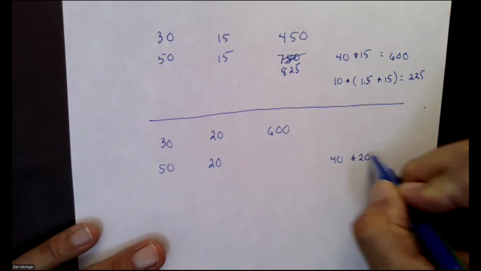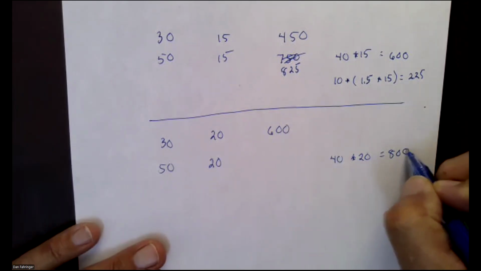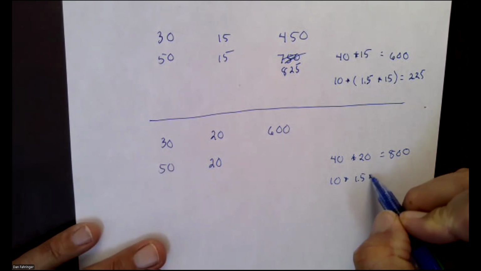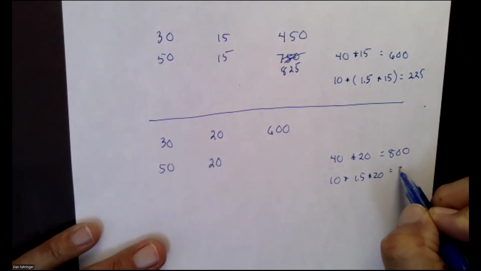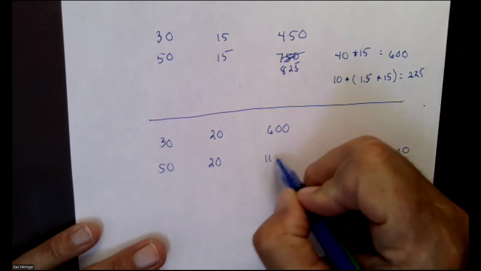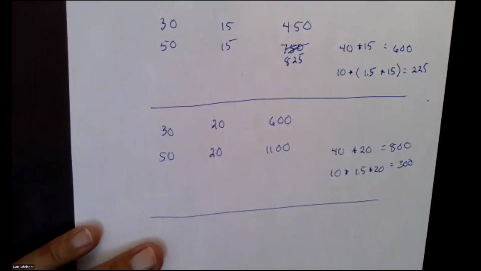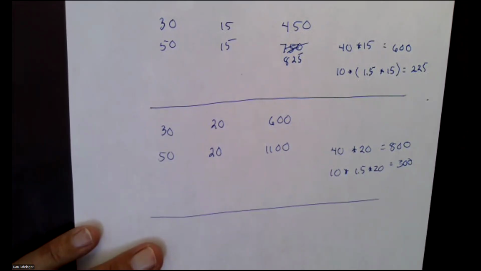Forty times 20 is 800. 10 times 1.5 times 20 is 300. 1100. You cool with that? Do you now have test data when you're ready to run your program?